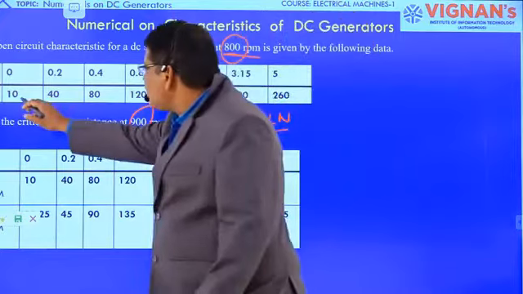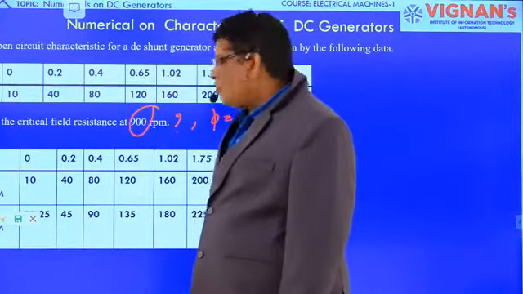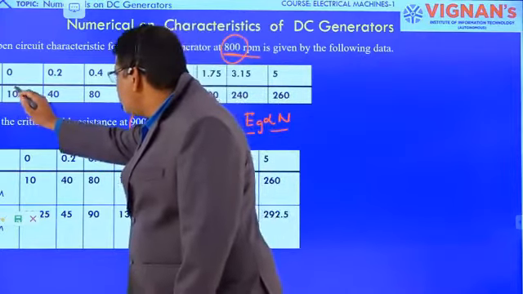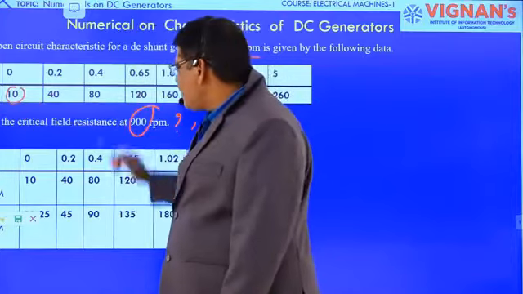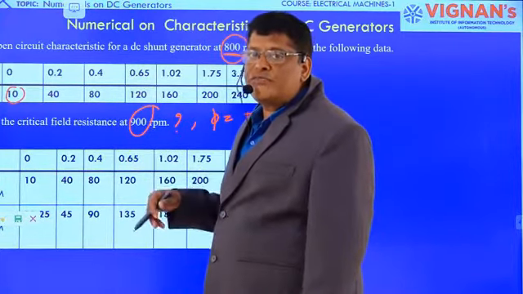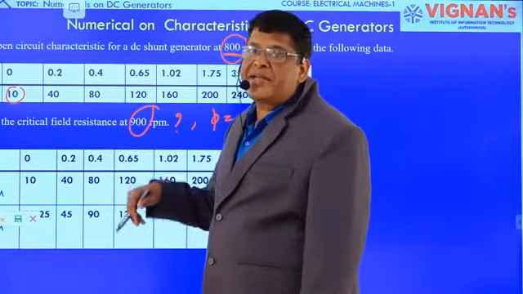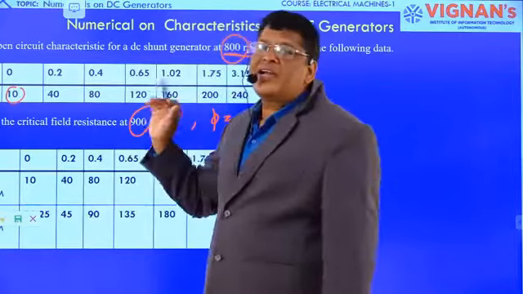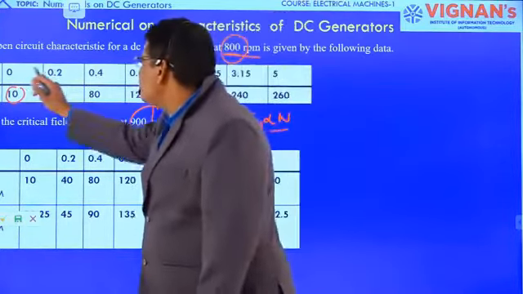So this is the voltage at 800 RPM when the field current is 0, nothing but the residual voltage at 800 RPM. Now we have to calculate how much voltage will be induced in a generator when it is running at 900 RPM without changing the field current.